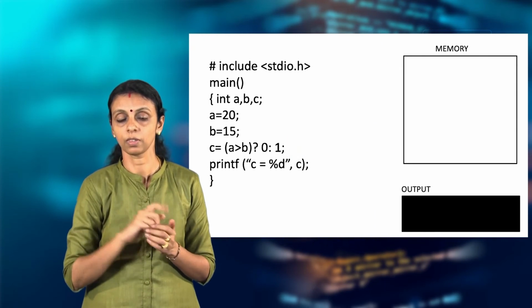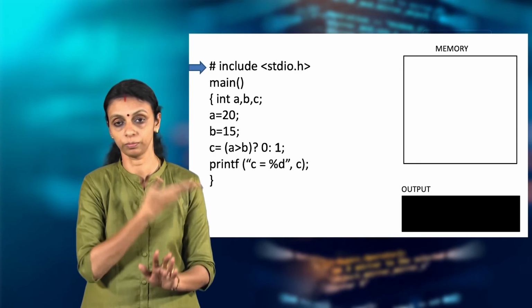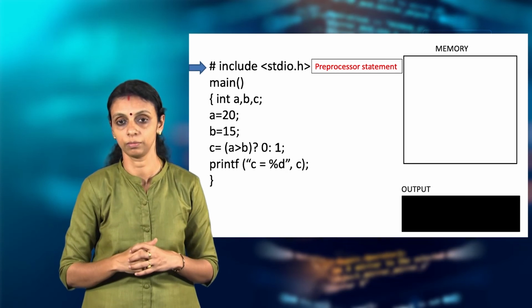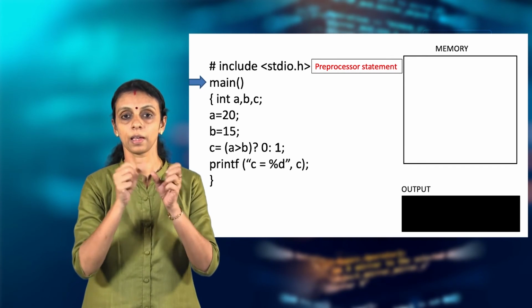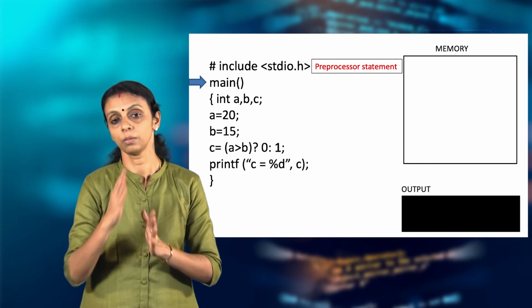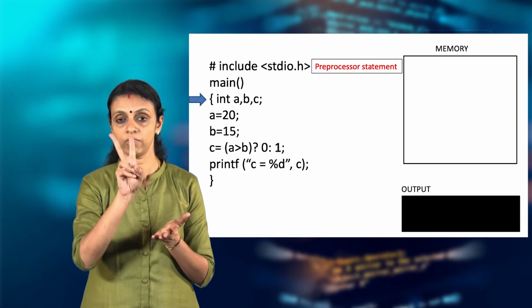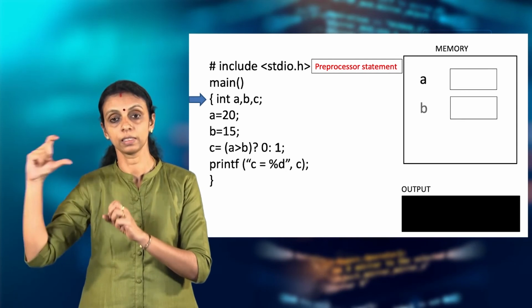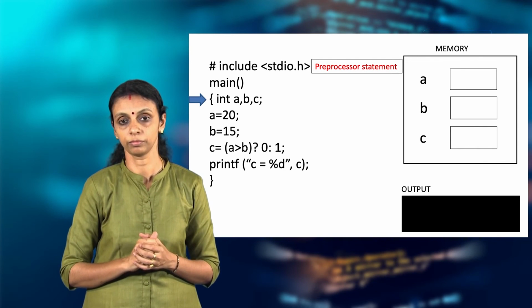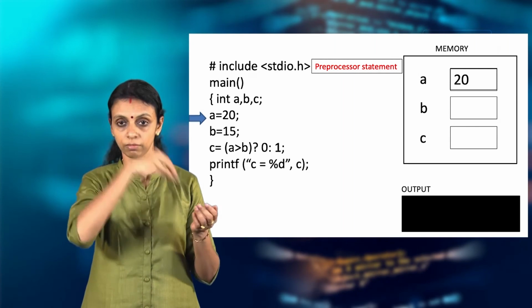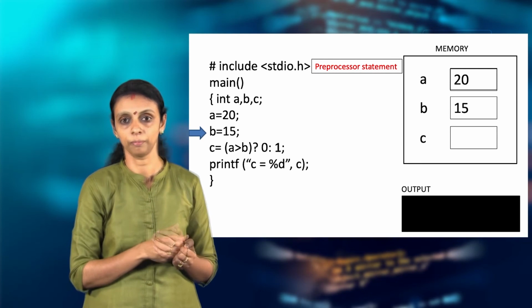Now, consider this program. Preprocessor statement. Main, where execution starts. 3 integer variables are declared a, b, c. 20 is stored in a, 15 is stored in b.